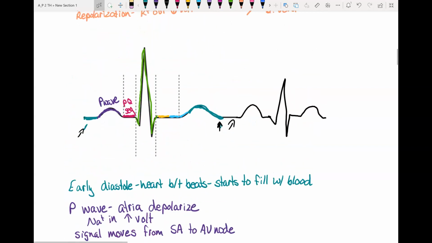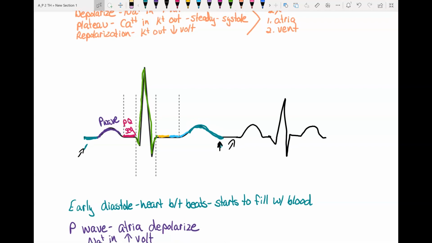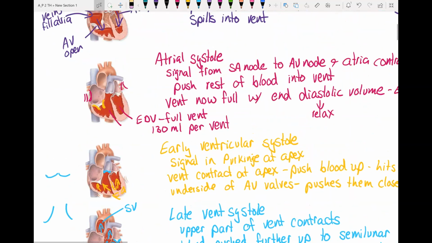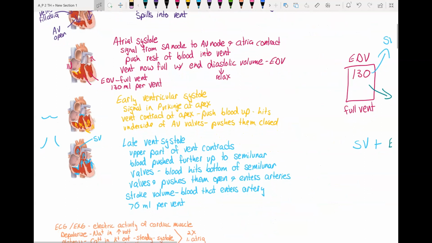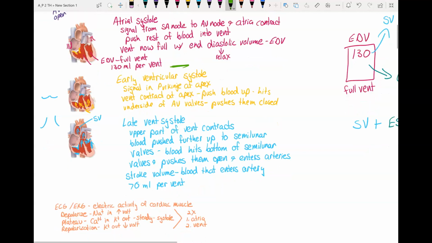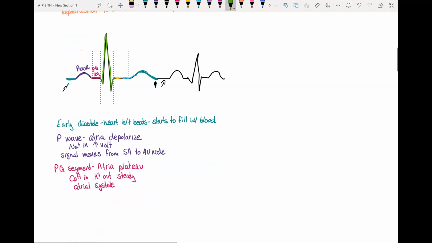Then next, the ventricles have to contract. So I used green here, and we don't have green up here because there's not really a picture here that kind of corresponds with it. So it would just go right here in between these steps. So this is QRS.